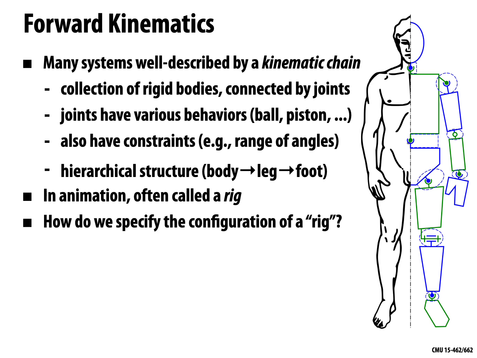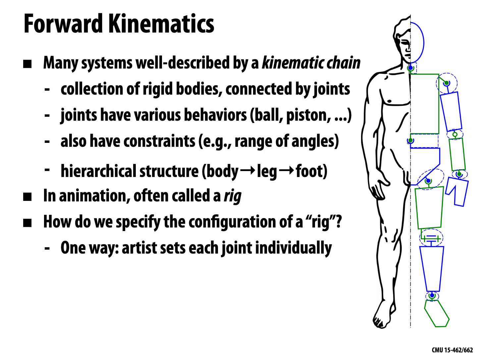How do we specify the configuration of a rig? Well, an animator could sit down and at every keyframe set all the joint angles individually. Or we could do this through optimization. We could use computation to reduce the work required for the artist or the animator.